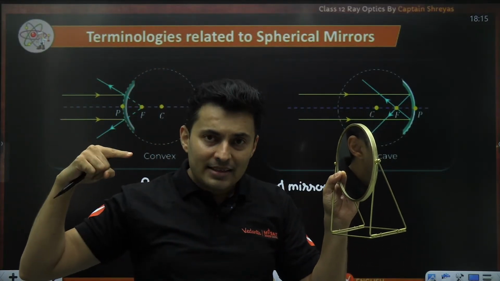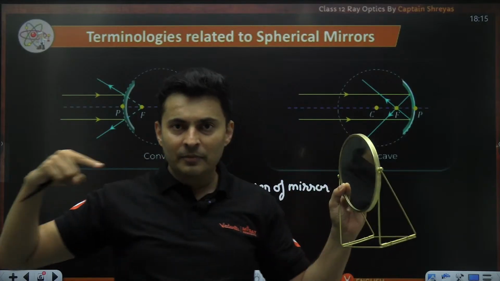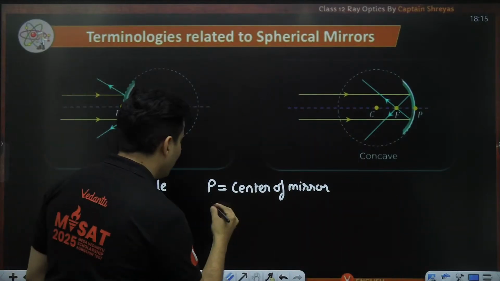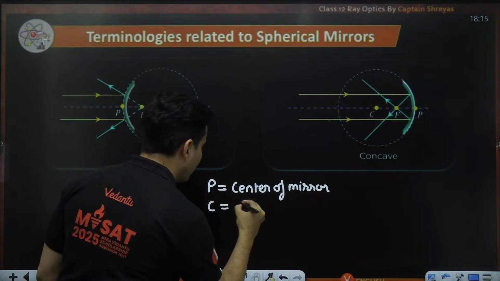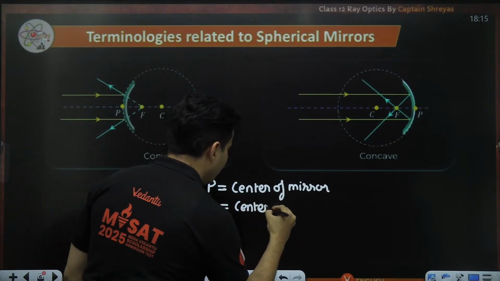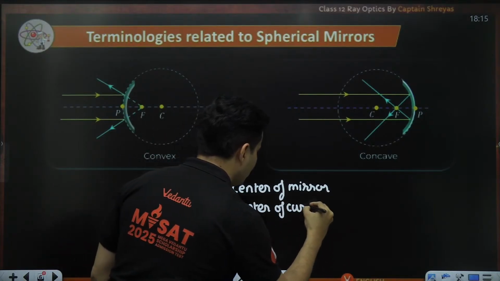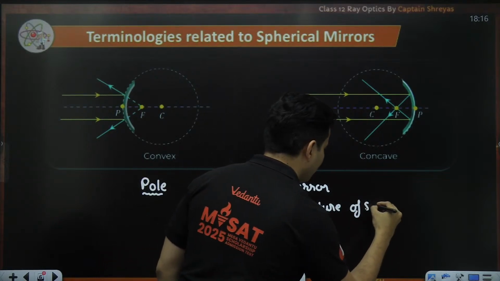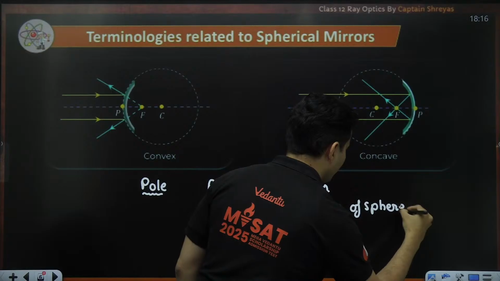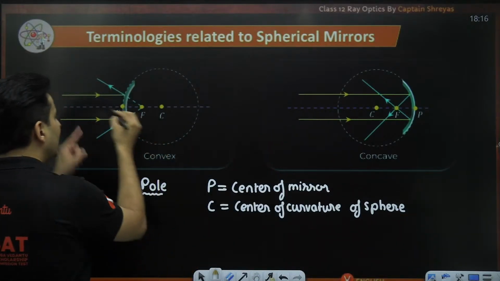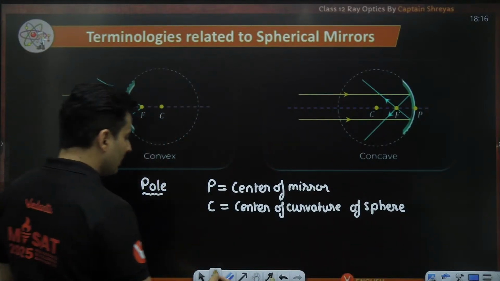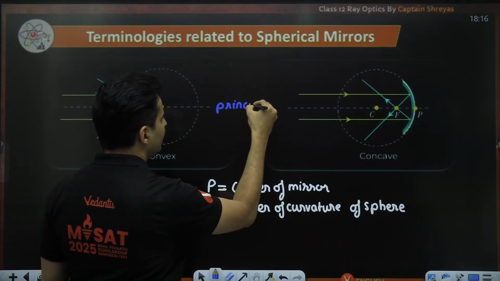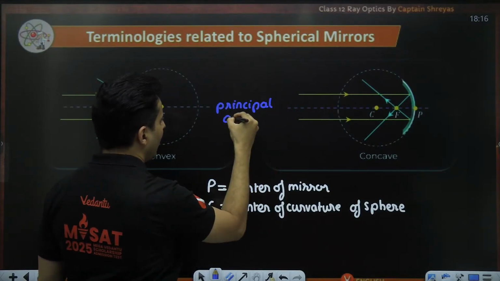A line passing through the center and the pole is called the principal axis. So C over here is basically the center of curvature of that particular sphere or spherical mirror. The line which passes from P to C is called the principal axis.